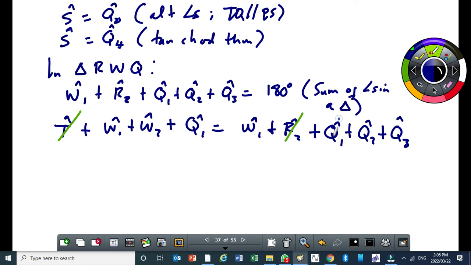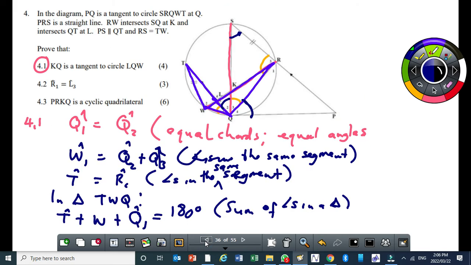Q2. So I can cancel this Q1 and that Q1. That's fine. Alright? Then these two, Q2 and Q3, if I go back there, do you see where Q2 is? We have Q3 there.